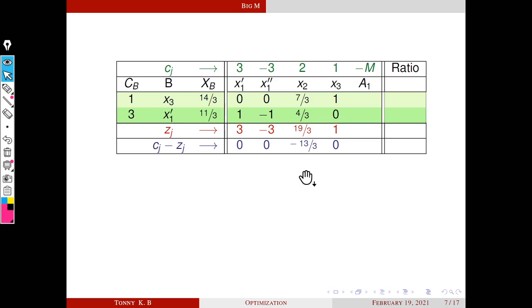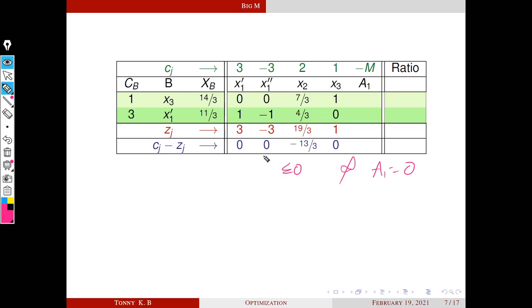Now this artificial variable is non-basic because it is not in the basis, so its value is 0. All the non-basic variables are 0. So presently A1 is 0. What is the conclusion? Here all the Cj minus Zj's are less than or equal to 0 and we have only one artificial variable, which is at 0 level. So we reach the optimum solution of the original LPP combining these two.